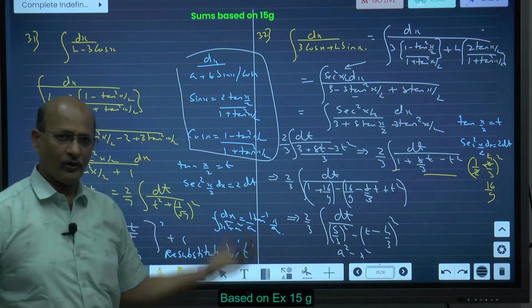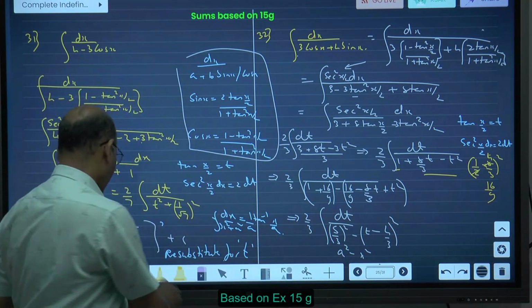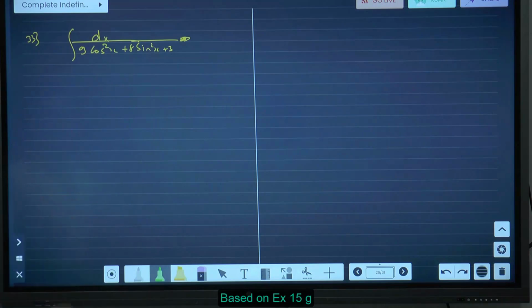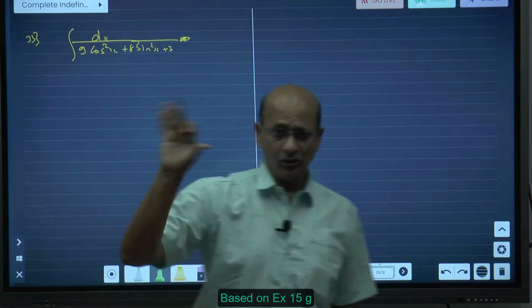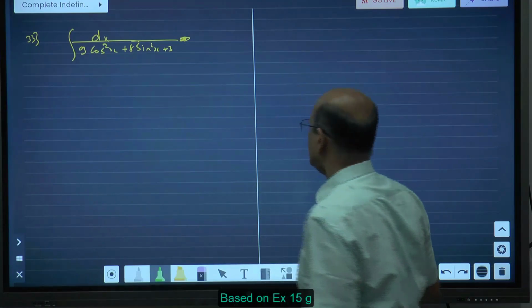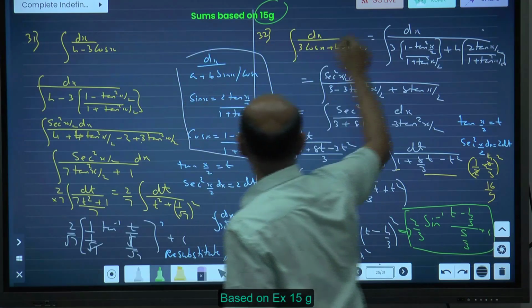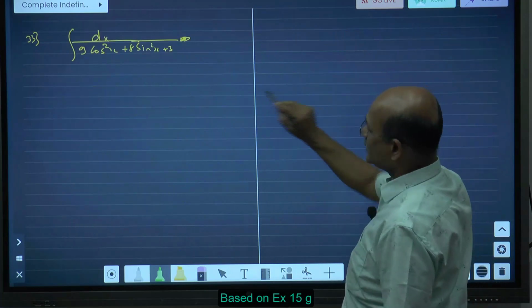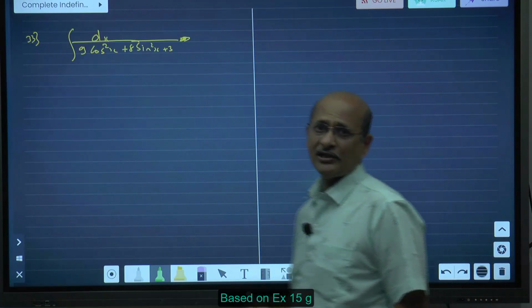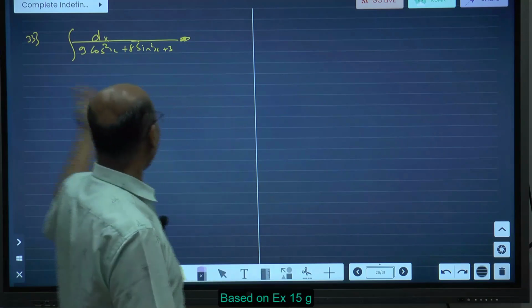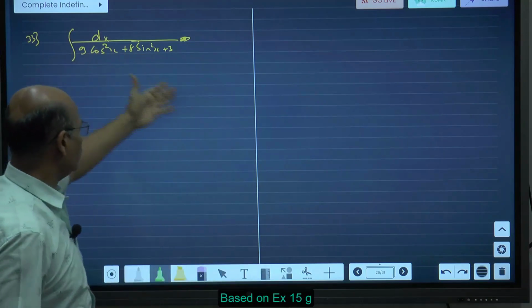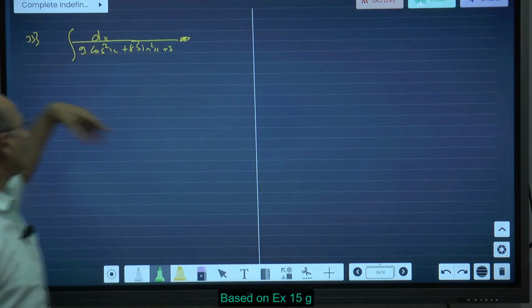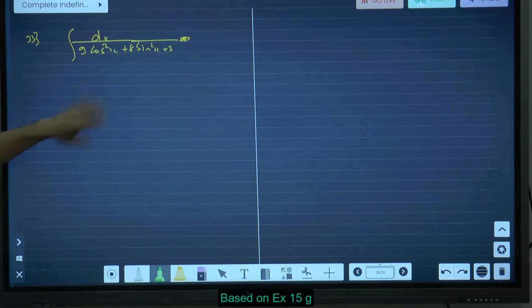Now what is the formula for dx upon a square minus x square format? Whenever you see sine square and cos square, for sin x you substitute. Remember, this is a linear format of trigonometry, so that's why I can do this. But whenever there is sine square or cos square, my suggestion is, you can't do it by any core method. You can't do substitution, you can't do UV, you can't do long division, no by term, nothing.